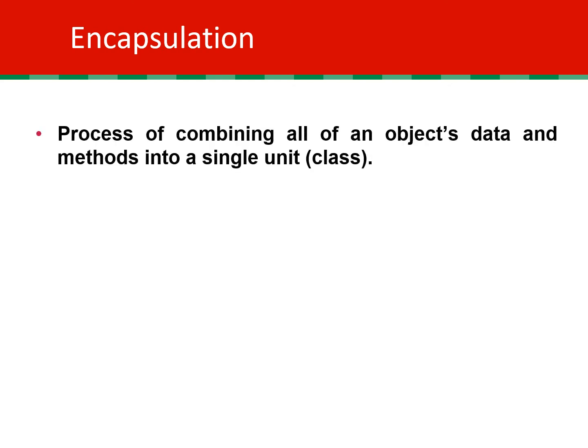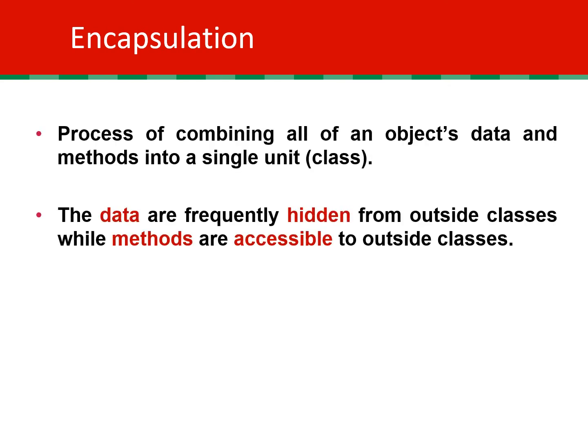Okay, the second concept is called encapsulation. Encapsulation is the process that I mentioned earlier, where you have object data and methods inside a single unit. In our case, you are referring to a class. When you write a class, you put the data and methods related to, for example, a student, all the data and the methods done by students, in one class.